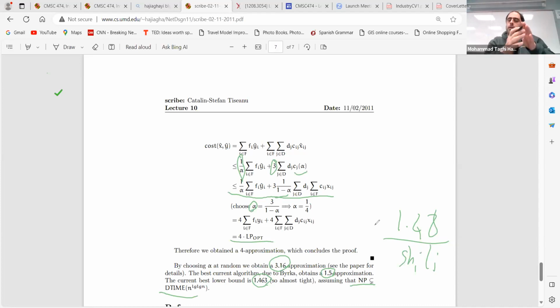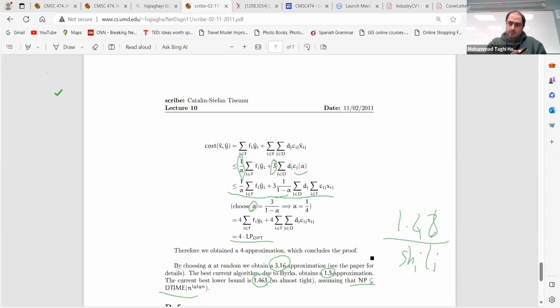And there are lots of papers and lots of techniques. In that sense, facility location has been a testbed for doing lots of algorithms, for LP rounding, as well as local search, dual fitting, and lots of other techniques. But this was one of the cleanest ones that I have mentioned. This has been improved to 1.48 as the current best.